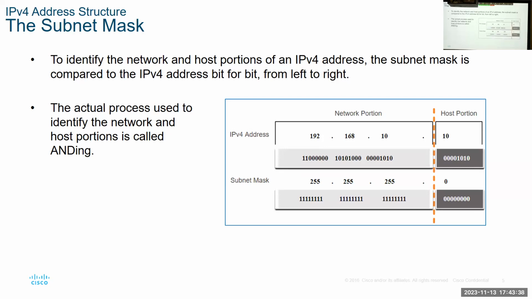So anytime you see an IP address along with its subnet mask, and the entire host portion of the address is zeros, that means it is the network ID. You can't assign the network ID to a computer.